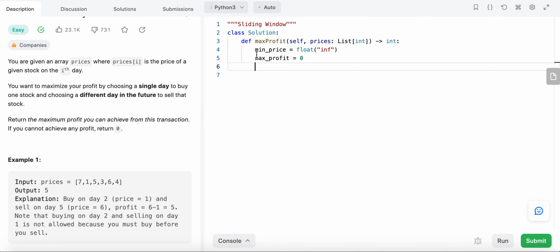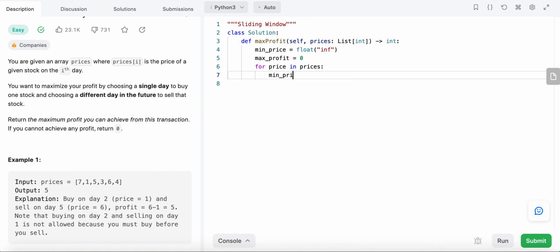So we initialize the minimum price and maximum profit. Then we need to loop through every price in this prices array, and compare the price with the minimum price in the history. If the price is less than the minimum price in the history, then we update the minimum price.